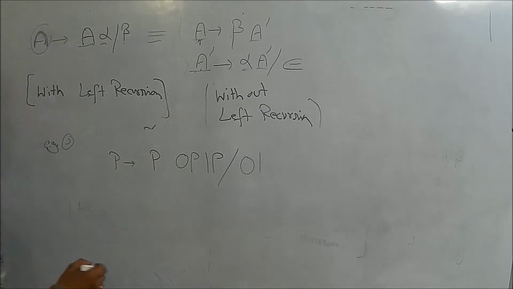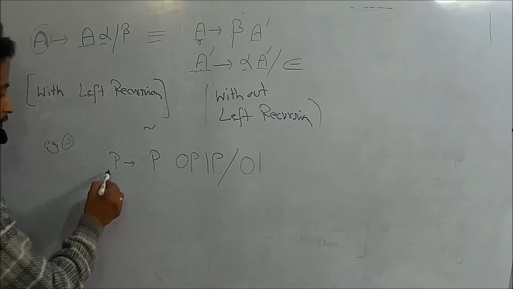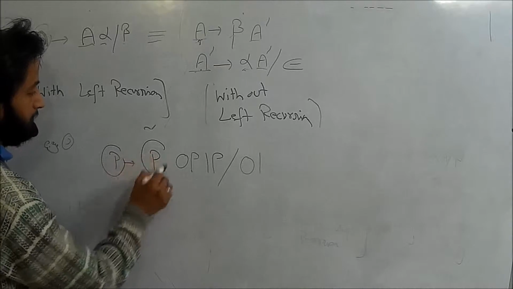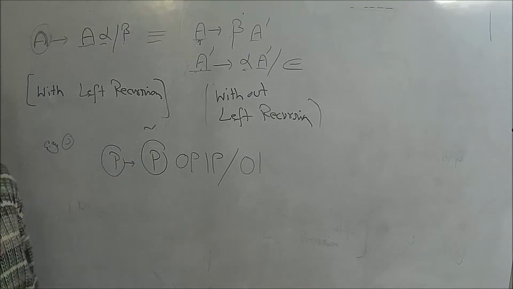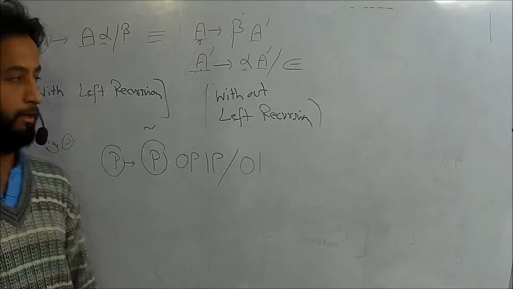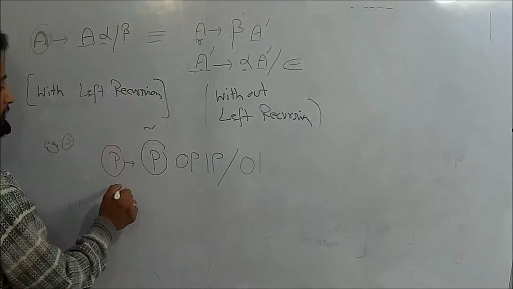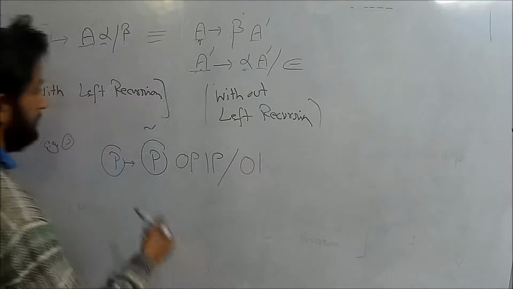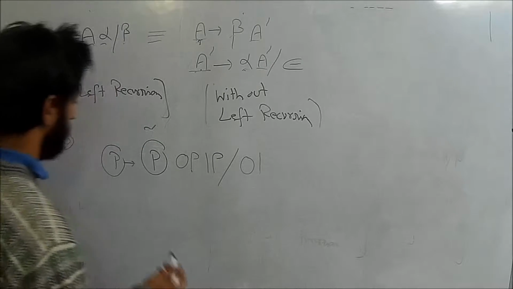So the grammar has left recursion because this and this elements are same. So we can say that the grammar has left recursion. Now resolve that left recursive grammar to a grammar which has no left recursion.